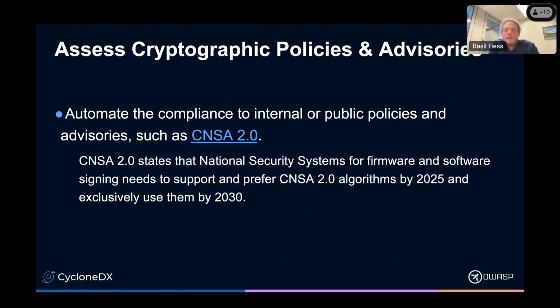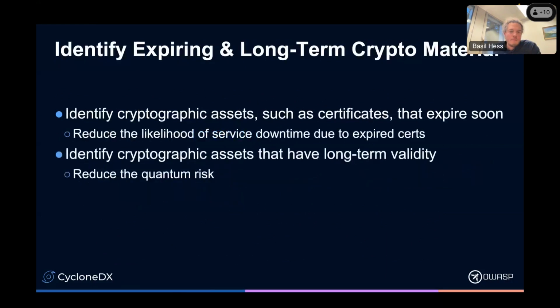For example, firmware and software signing needs to support a certain list of quantum-safe algorithms by 2030 at the latest. So a CBOM ideally helps in automating the analysis of whether the software and the systems adhere to such an advisory such as CNSA 2.0.